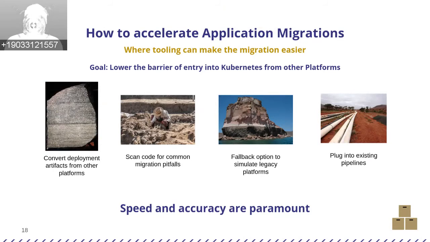Ultimately, though, we're going to have some platforms that are just not able to make the move, or the reality is some teams are just unwilling to make that move. And so we'll need a fallback option that can simulate those legacy platforms. An example is KubeVirt, being able to deploy, run, and manage virtual machines as if they were containers.